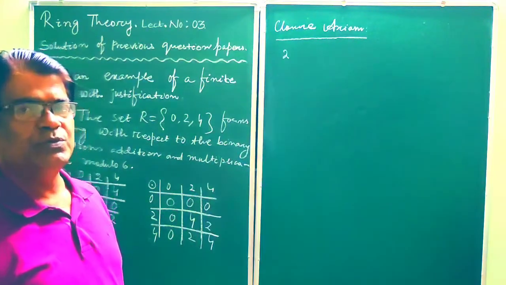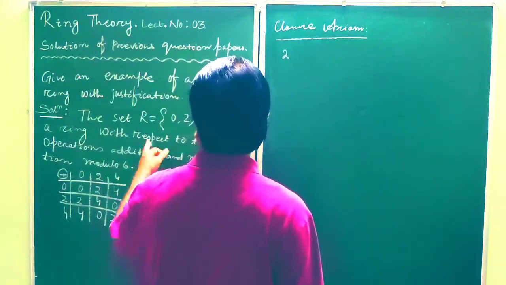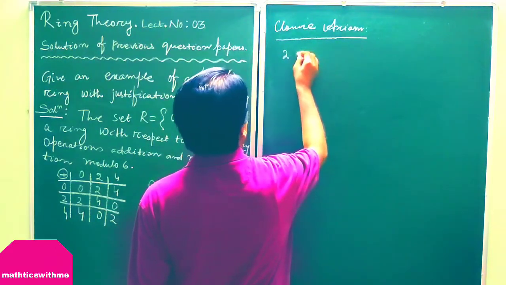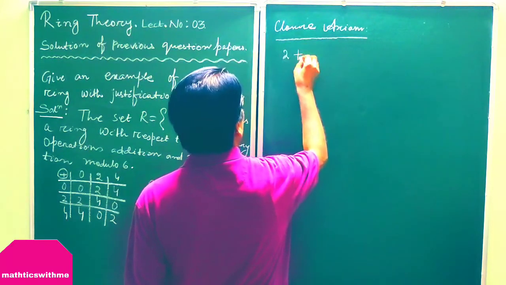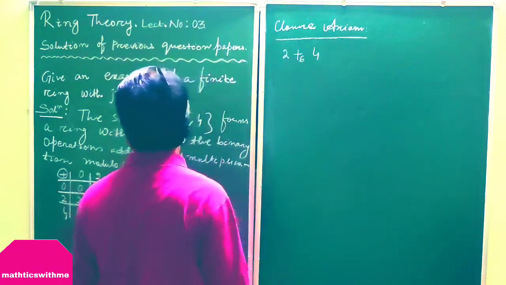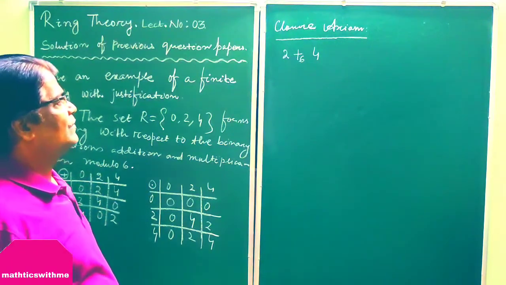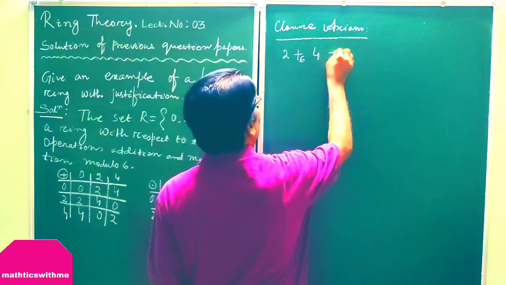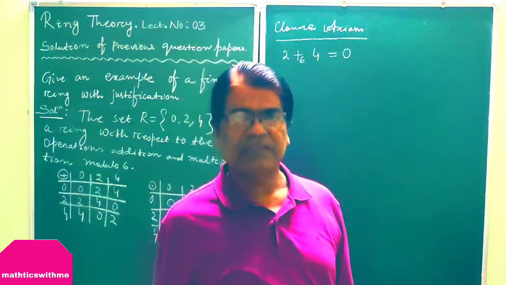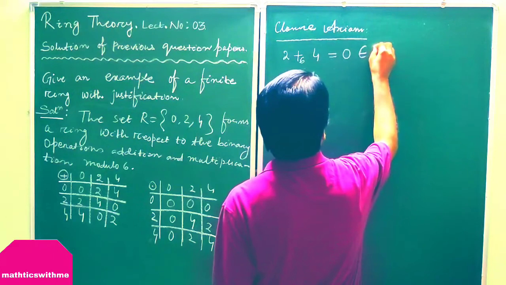Now let us choose any two elements from this set, 2 and 4. Now 2 plus 4, addition is here taken with respect to modulo 6. So this is equal to 0, because 2 plus 4 is 6, 6 minus 6 is 0. 0 belongs to R.